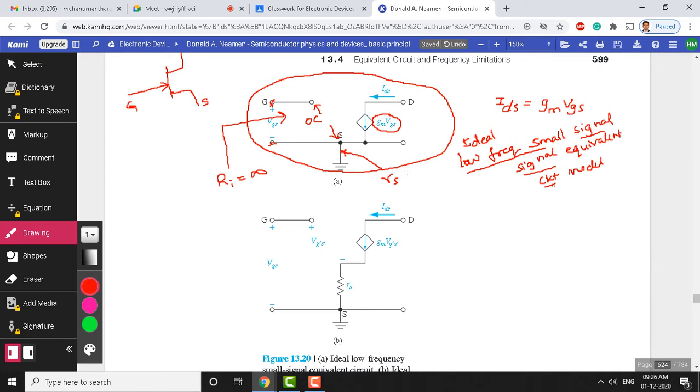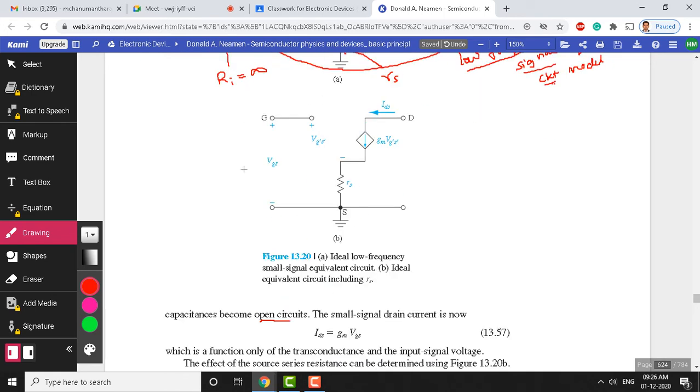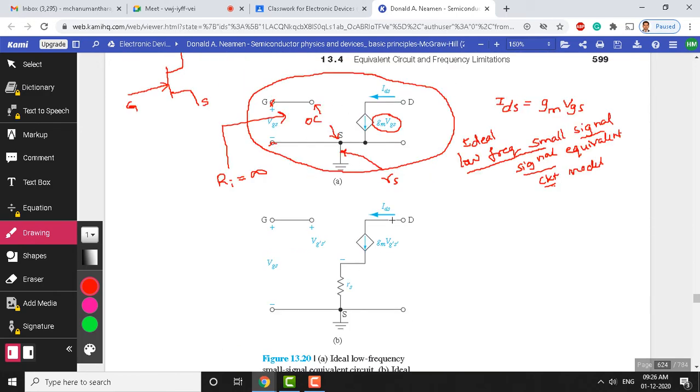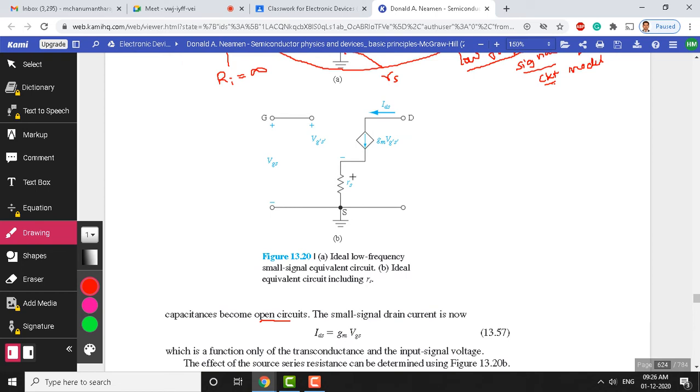This RS is optional, but let us see what will happen to the output current when RS is introduced. Here you are seeing the ideal equivalent model once again, the same model, but the only thing is we have added a resistance in series with the dependent current source.